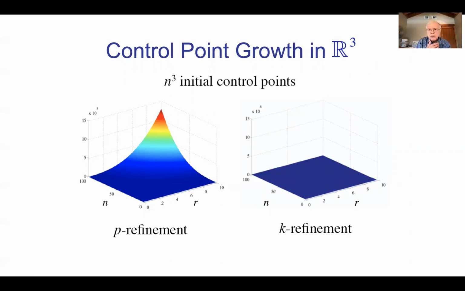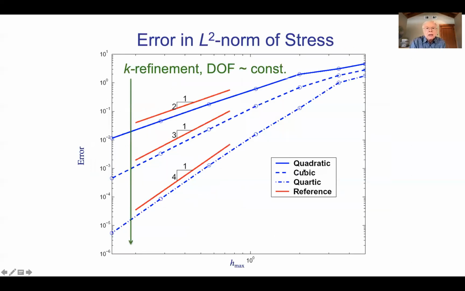So that kind of suggests if we would equivalence the number of degrees of freedom, we might have a much more efficient technology over here. And that's the case. So K refinement works this way. You're essentially keeping the number of degrees of freedom constant. They're only changing at the boundary.